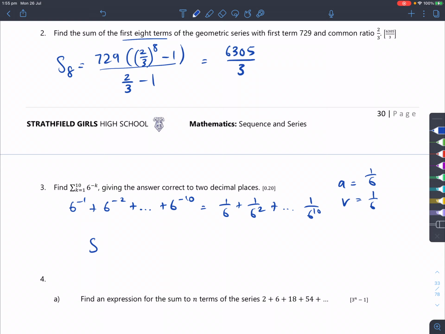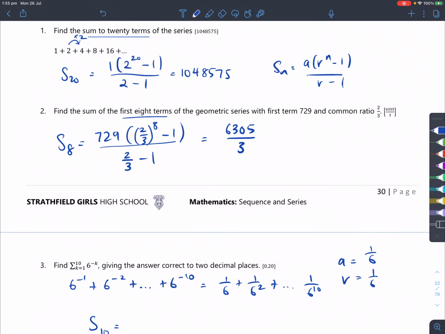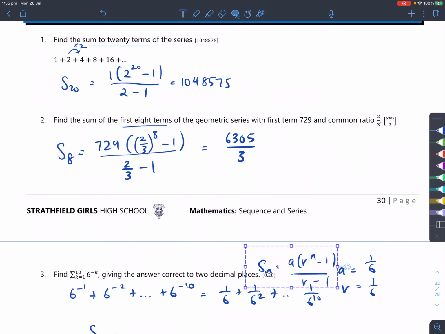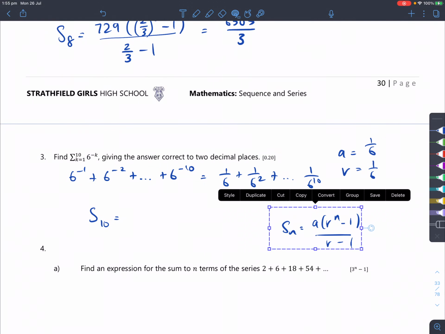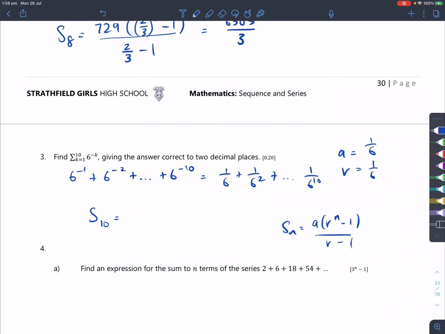Because we're finding the sum of every value of these, from k equals 1 to 10, we have 10 terms. And using our formula, which I'll just bring down here again, let me just double check. A is 1/6, so we'll do 1/6 times the brackets with the ratio of 1/6 to the power of 10 minus 1 over 1/6 minus 1.